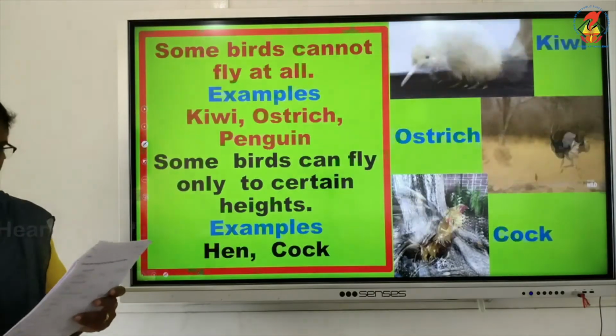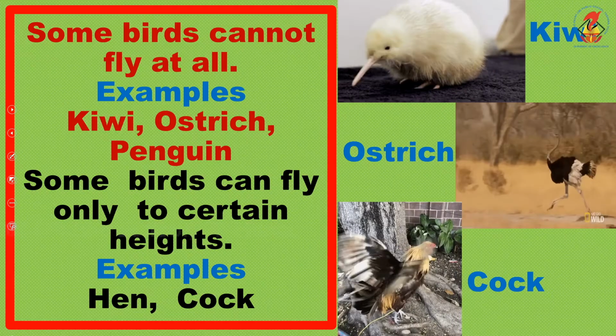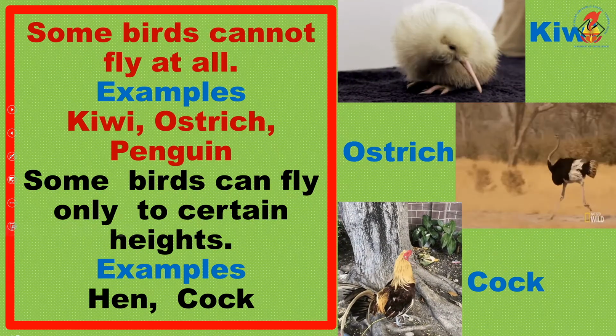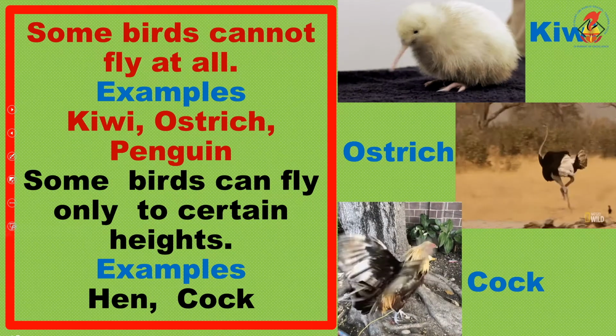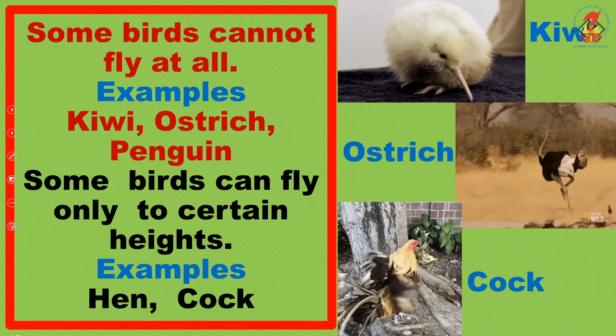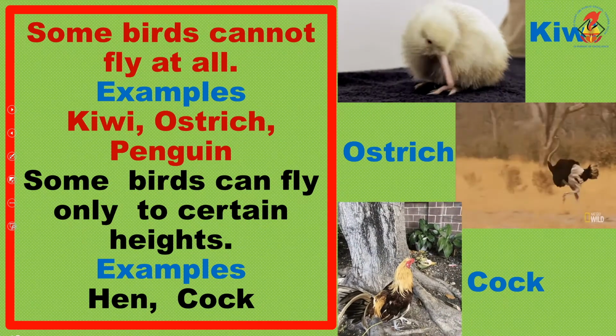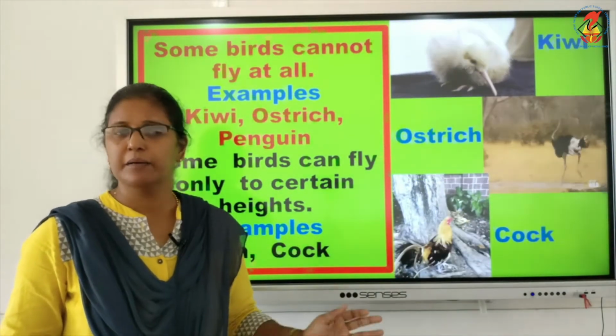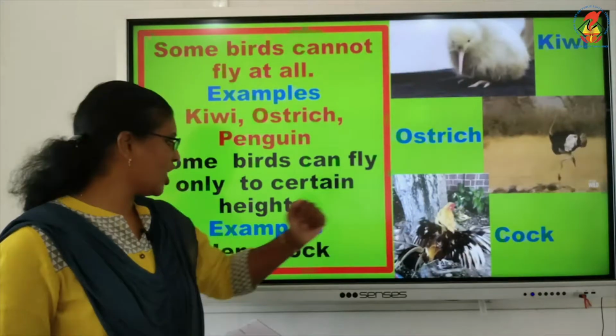And now my little ones, next we have some birds like kiwi, ostrich, cock. These are different types of birds. Whereas kiwi and ostrich cannot fly at all. These birds cannot fly at all. But some birds are there like cock.